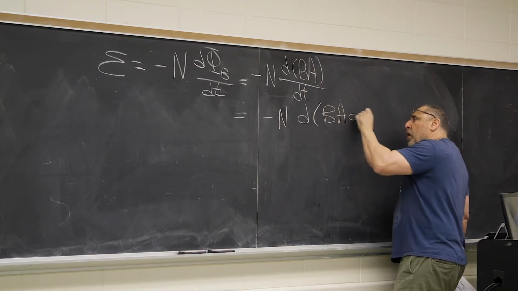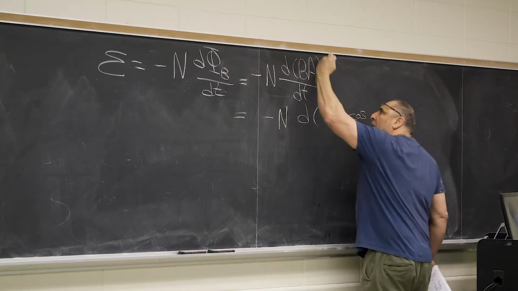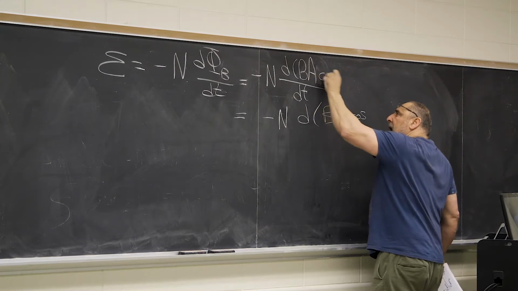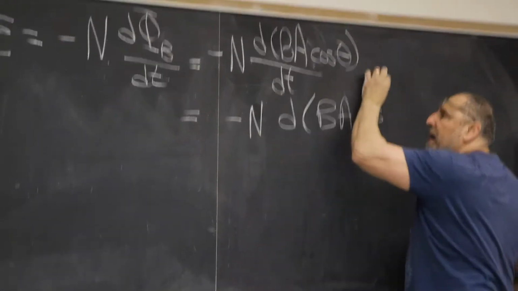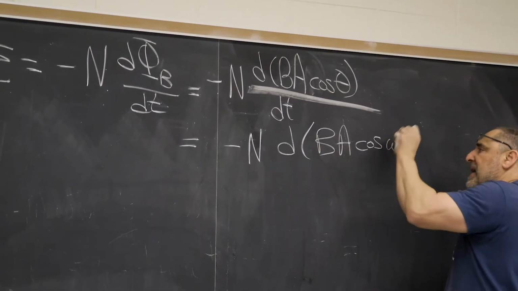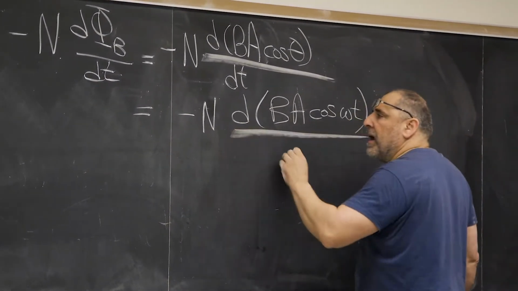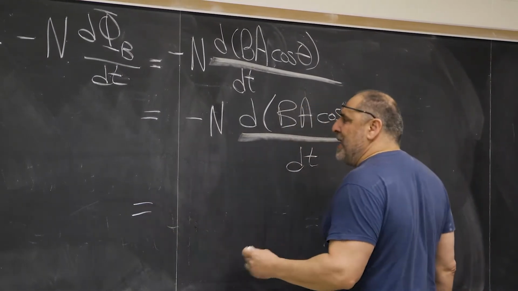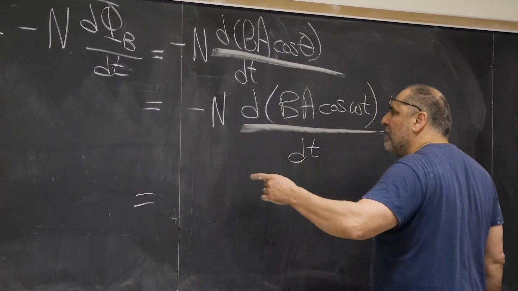BA cosine theta is really the better way to have done it. So forgive the alteration here, guys. Cosine theta right here. Let's make it like that. And theta is omega t. The B ain't changing. Take it out.